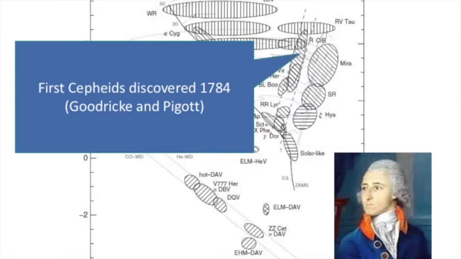For Cepheids, a few more centuries have elapsed. The observing British team of Pigott and Goodricke. Goodricke we have a picture of. Pigott we apparently have no contemporary portrait showing him.